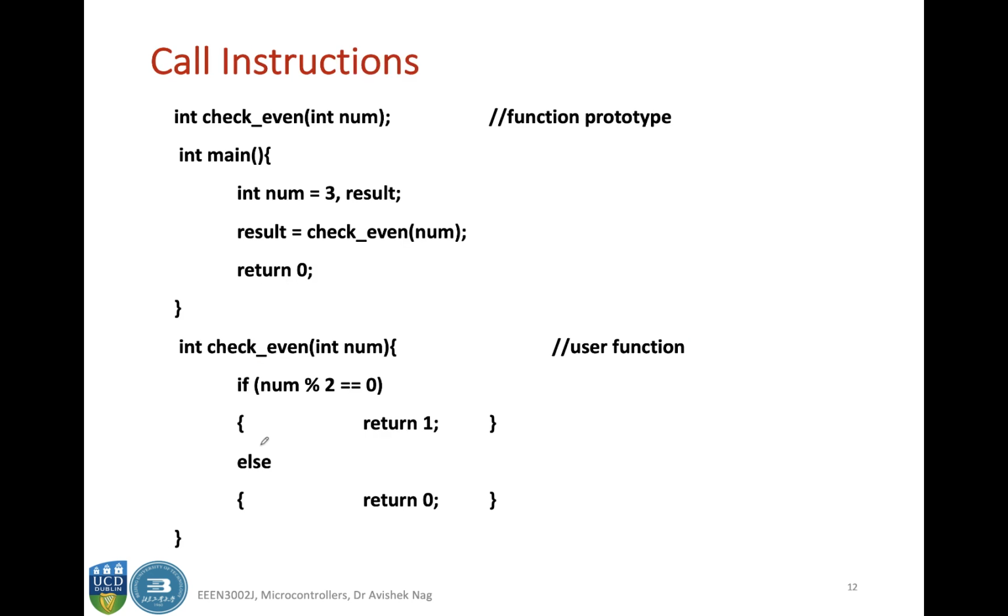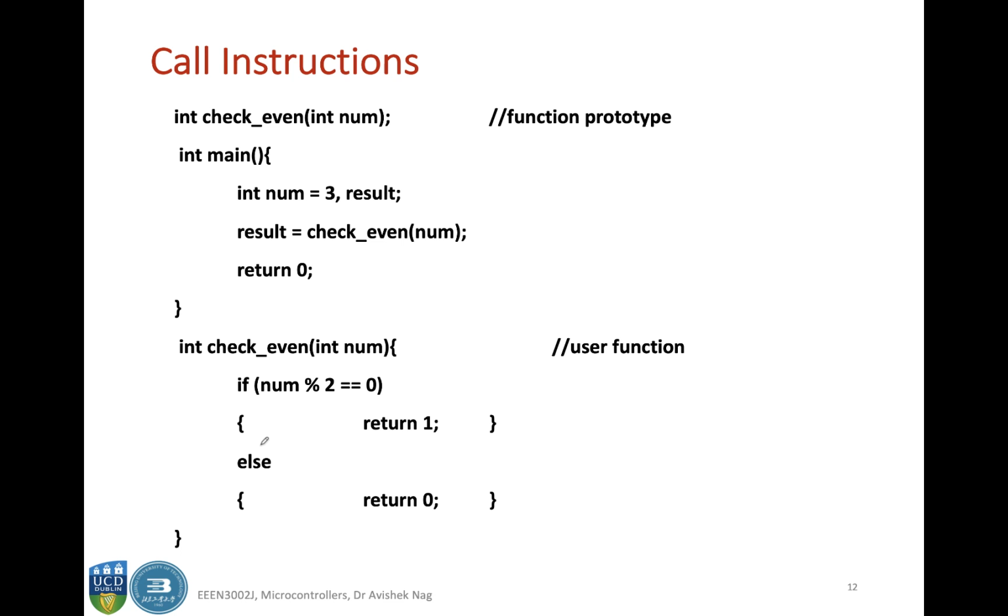So next we move on to the call instructions. So before doing that, let's check this example. So this is an example of a C code, okay, where you are trying to find out if a number is even or not.